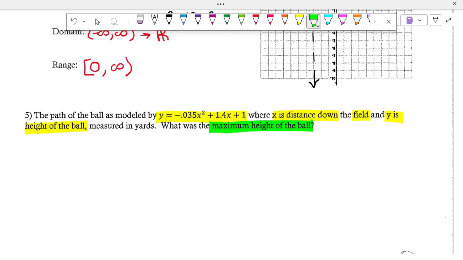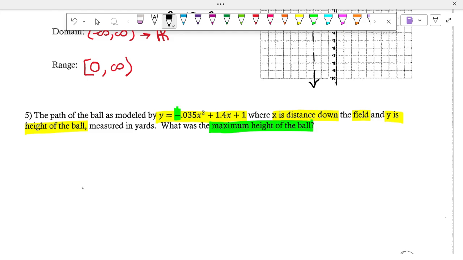All right, so let's break this down. If we're talking about a maximum height of a ball, first off, let's just look at the function itself. If we were to graph this function, would it open up or down? It would open down because we got this negative right here.